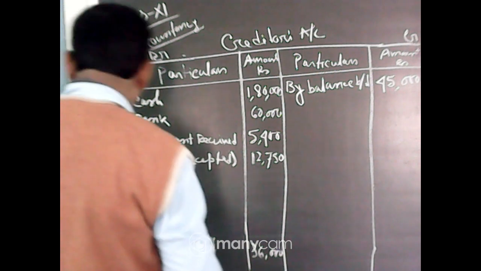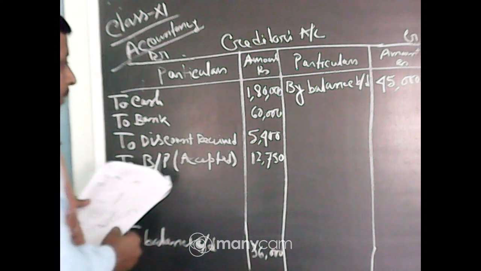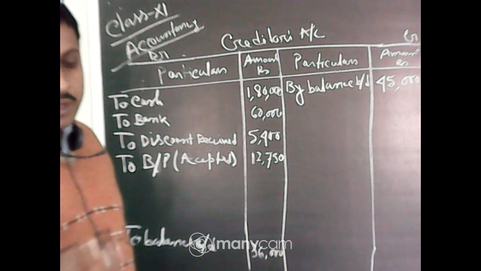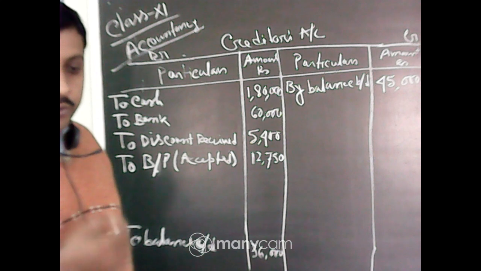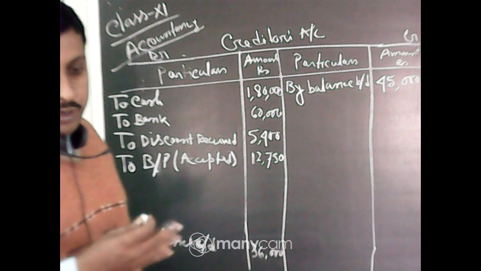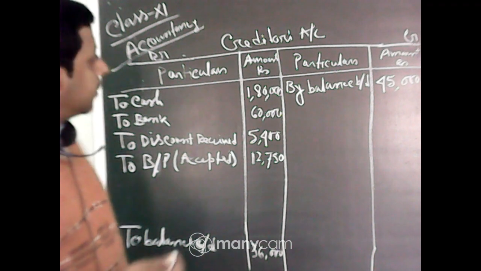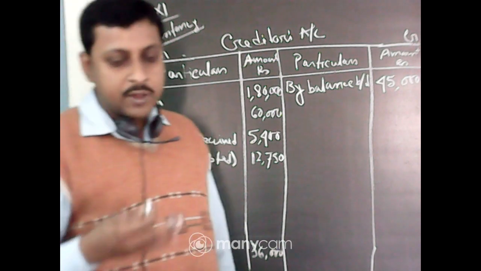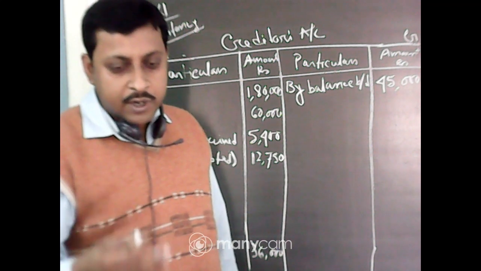Next, return outwards. Return outwards means purchase return. Whatever we purchase, we just return back. That also deducts the balance of creditors. In that case, the creditors account is debited, as the creditor is a liability. Whenever you debit the creditor's account, his balance is deducted. Suppose you purchase 10,000 of goods, now you return 5,000 of goods.